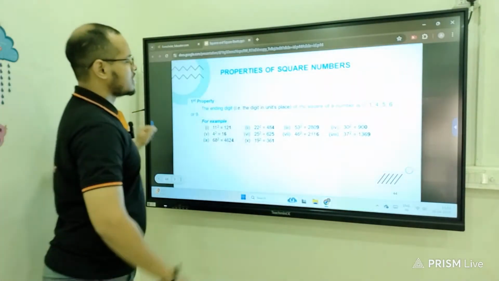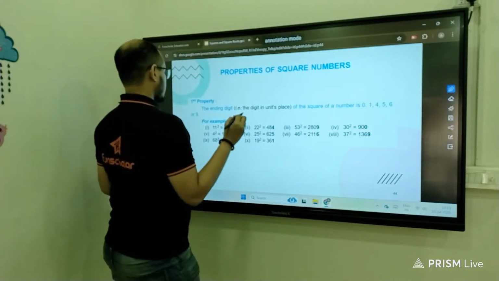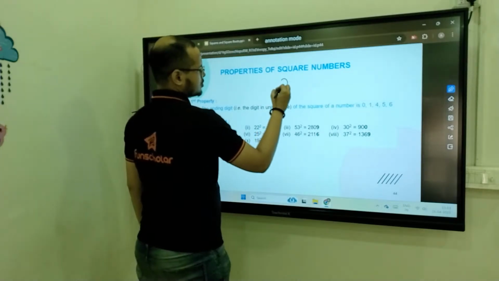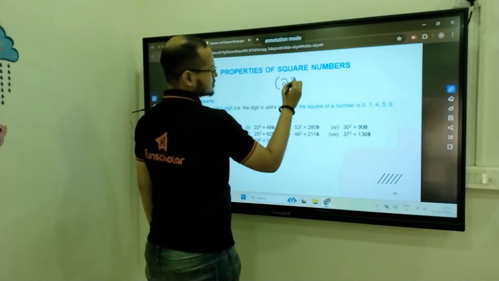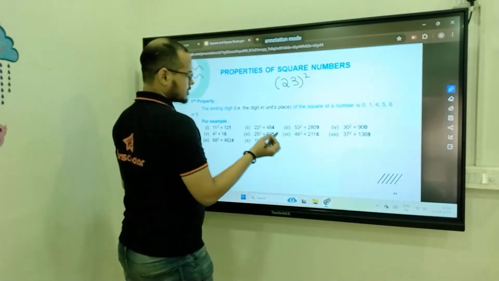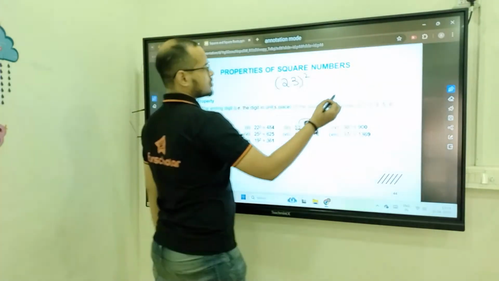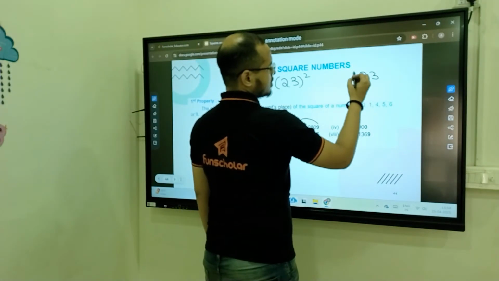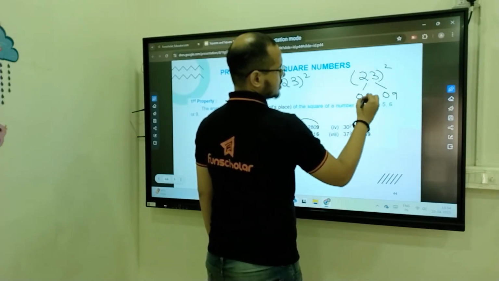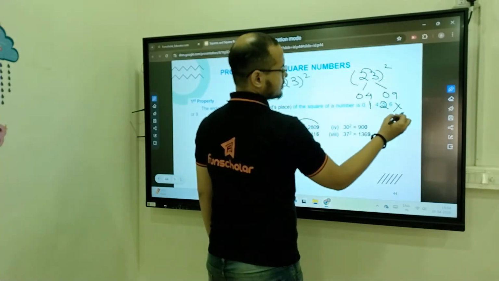If you don't believe me, let's do a number. If I say 23 square, we know the last digit 3, so let's find out what comes. The last digit has to come 9, right? So let's do it. 23 square. 3 squared is 09. 2 squared is 04. 2 into 3 is 6, 6 into 2 is 12.